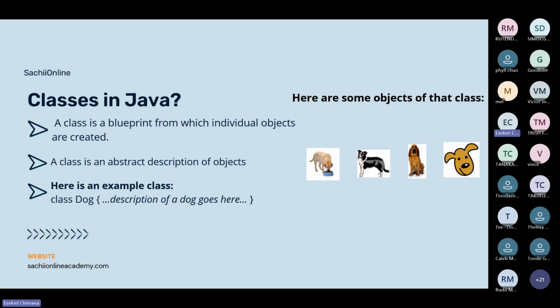So a class is an abstract description of objects, right? So you can have some objects like a dog, and you can have different types of dogs, right? So if you look at it, this is a class, and that's how you define a class in Java.